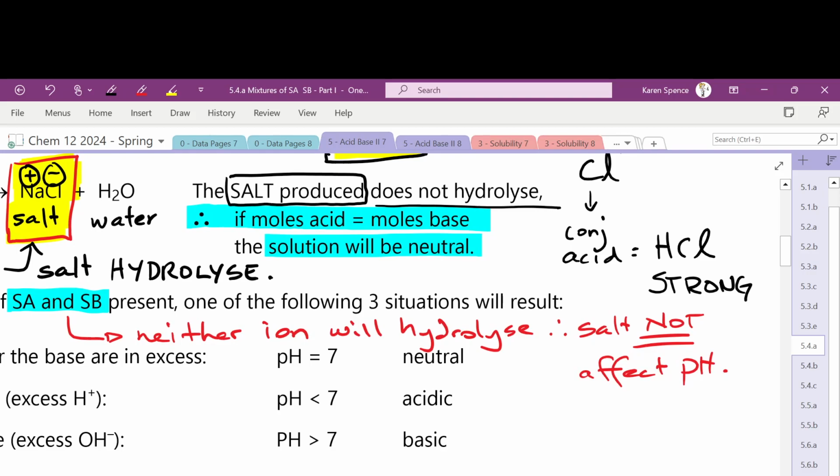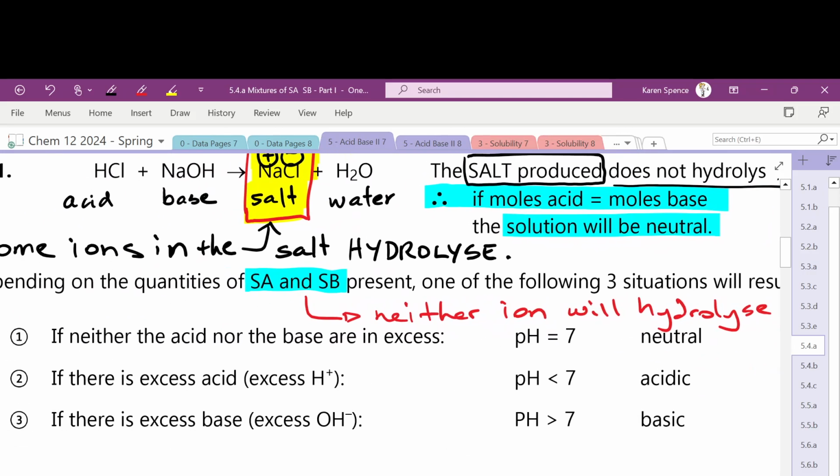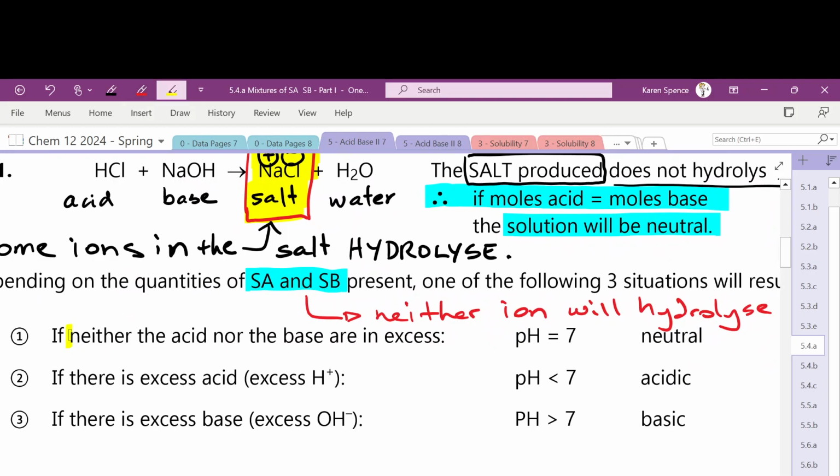So, if neither the acid nor the base are in excess, then the pH is going to be 7 because all you've got is the salt. Does that make sense? But what if you added more acid than you added of the base?